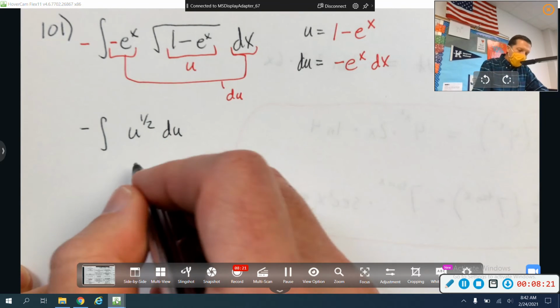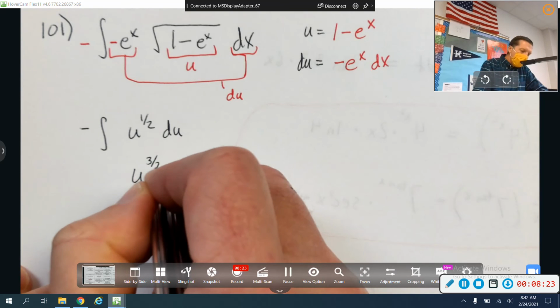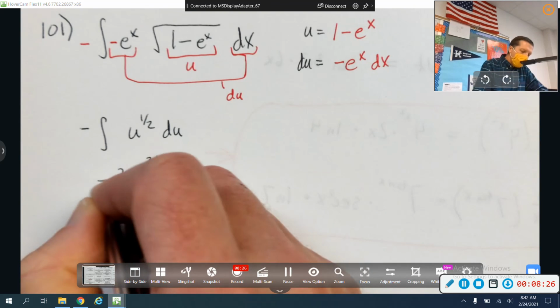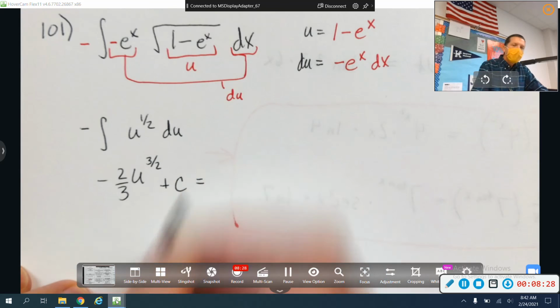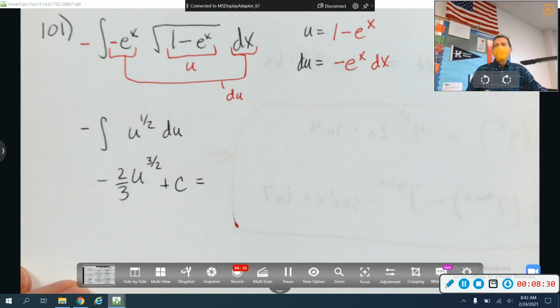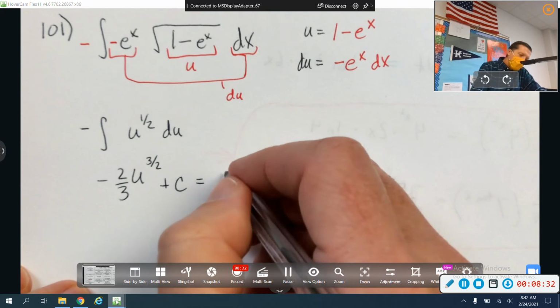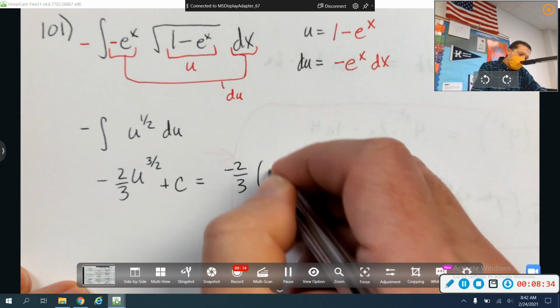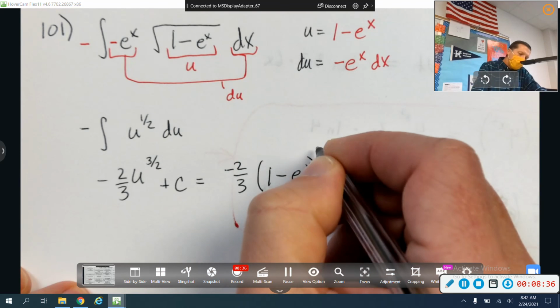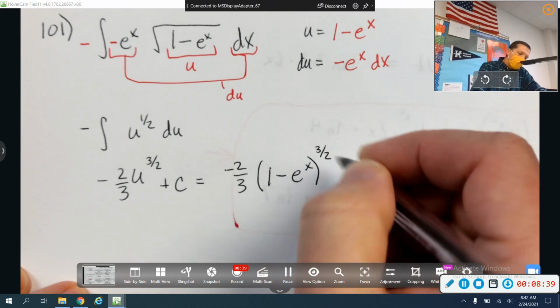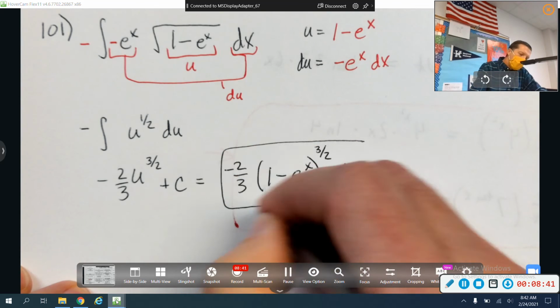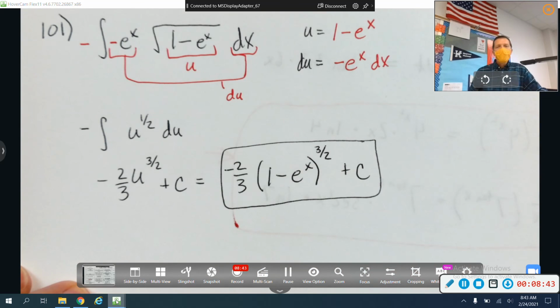So now it's just power rule. Increase the power by 1, divide by the new power. Don't forget the plus c. So negative 2/3, 1 minus e to the x to the 3/2 plus c. As usual, it's always, or almost always, about picking the correct u, and then everything else works out.